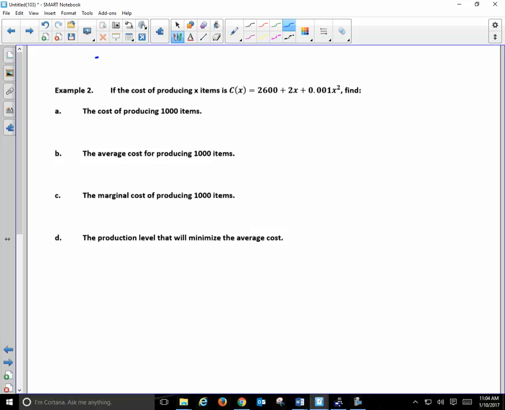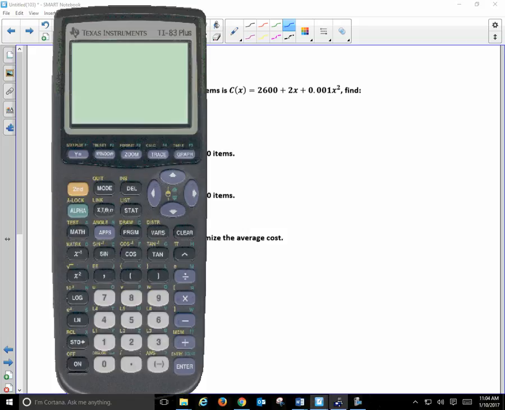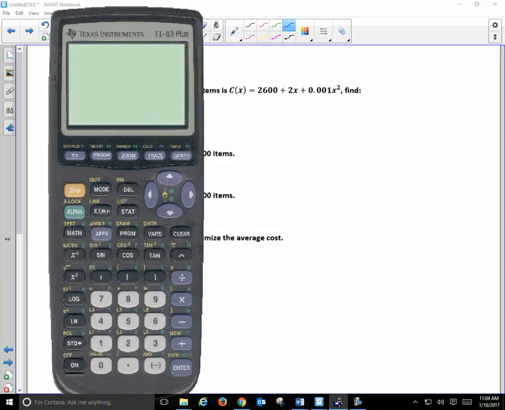So, let's do some basic examples. The cost of producing X items is C of X equals 2,600 plus 2X plus 0.001X squared. Find the cost of producing 1,000 items. I'm going to use my calculator to try to save time.